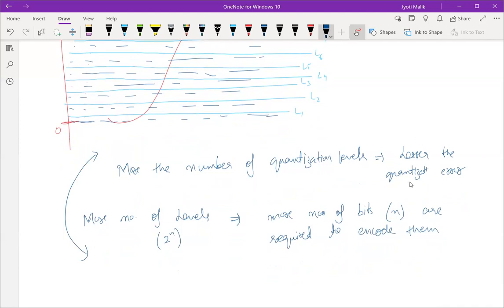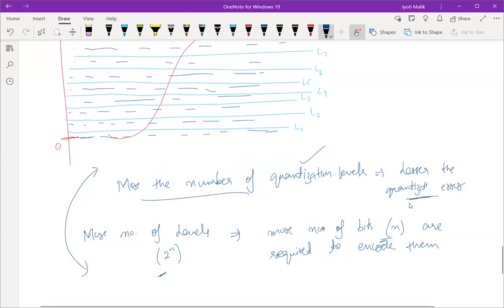If we want the error to be less, then we need to have more levels. If we don't have any limit on the number of bits, then we'll use more number of quantization levels. But if we have limited number of bits only, but we can compromise with the accuracy, then we'll have less number of levels, and obviously the error will be more. So this way we have to make a compromise.